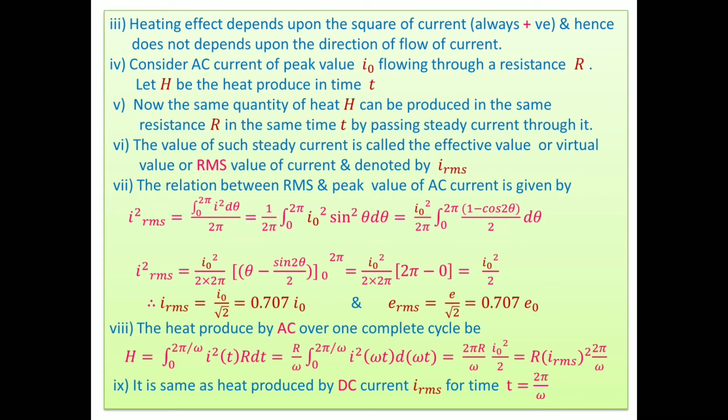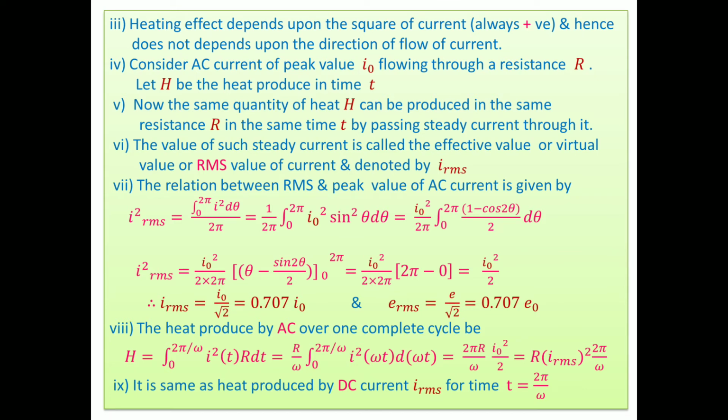We know that H equals I square R T. Whether current is positive or negative, the square term is always positive. Suppose current is minus 2 ampere, then the square of minus 2 ampere is plus 4. Or plus 2 ampere, again the square is 4. Meaning the heating effect does not depend upon whether current is negative or positive. Heat is always positive. Hence, we use this property.